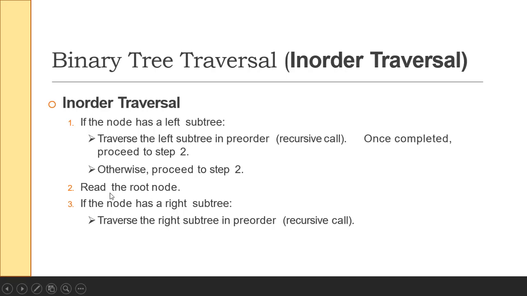Otherwise, you go to number 2, which is to read the root node. On number 3, if the node has a right subtree, you have to traverse from the right, in in-order recursive call also. Recursive meaning you have to visit it again if there are more subtrees in the right subtree.